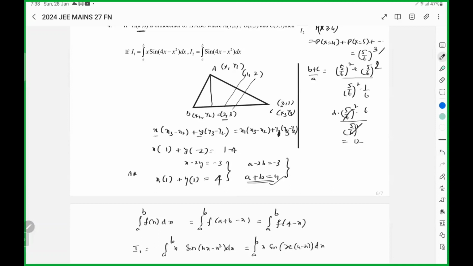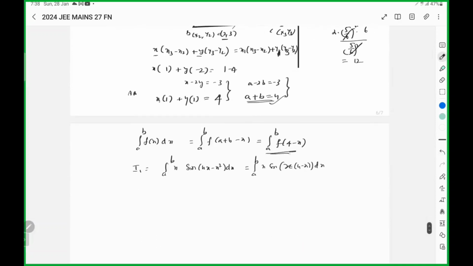After that I will use this formula: integral a to b (4 minus x) times sine of (4 minus x) into x, which gets cancelled, dx.